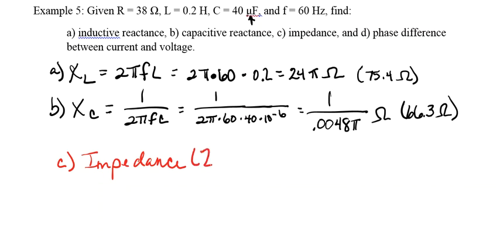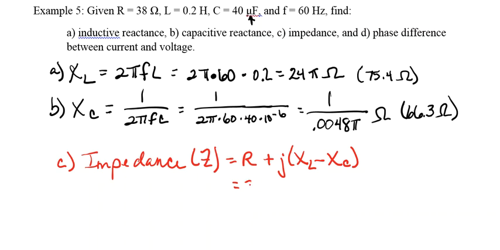So impedance is Z. If we think back to the formulas, it told us that Z is R plus J times X. But I don't know X, but I do know that I have XL minus XC, which was the second part of the equation. So it would be R, which actually they gave to me, so let's put in what it is.